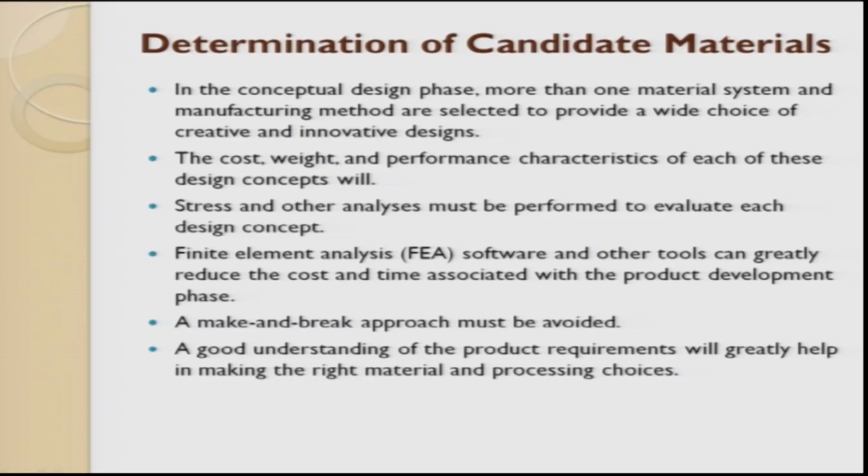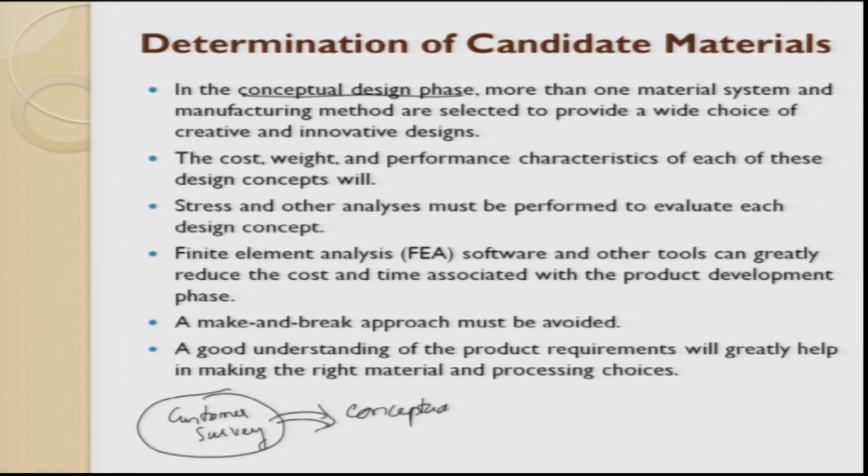So, determination of a candidate material. In the conceptual design phase, more than one material is considered. After you do a customer survey, a designer tries to develop a conceptual sketch, a conceptual design. Here he puts in all the functions, he gives a very rough shape, he goes back to the customer and asks whether it is fine.